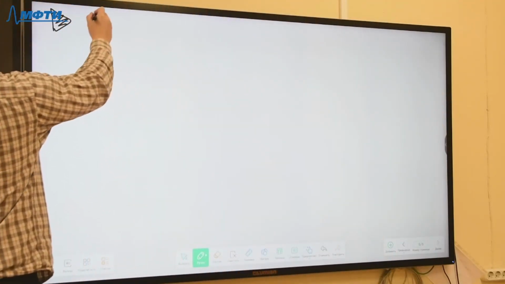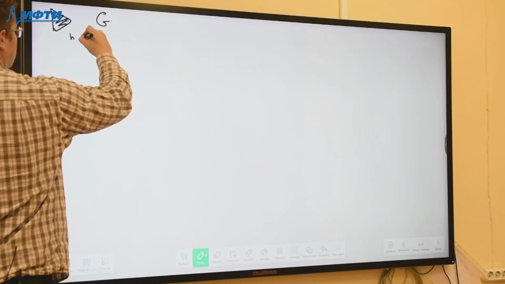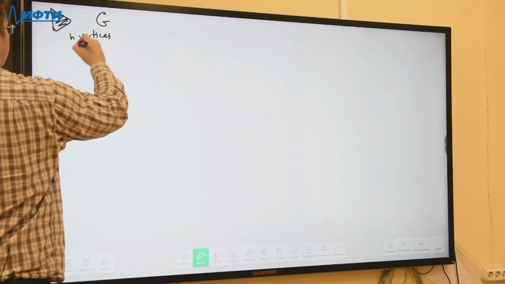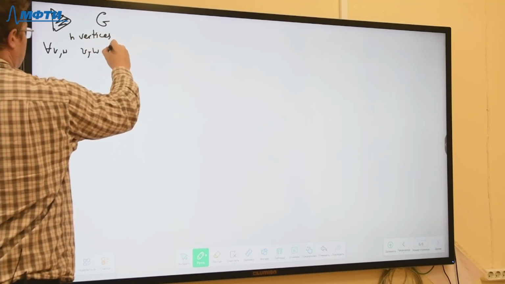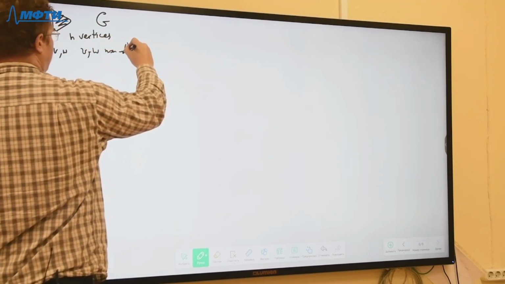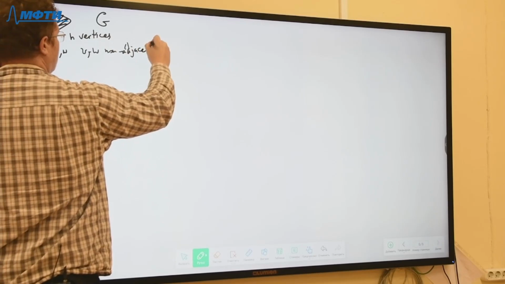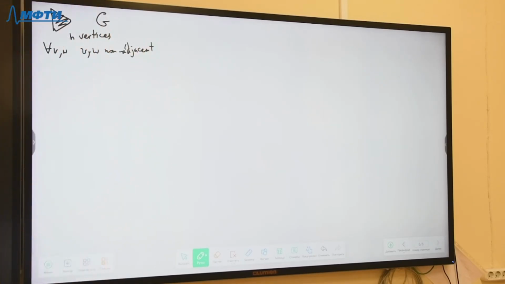Suppose I have a graph G on n vertices, and we know that for every two non-connected vertices we have this condition.